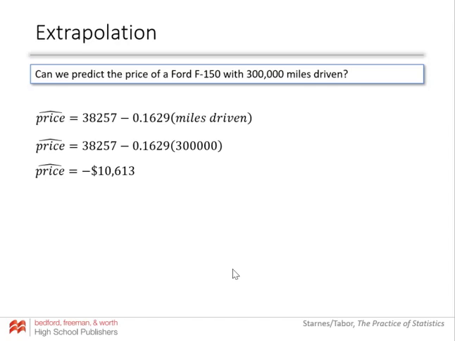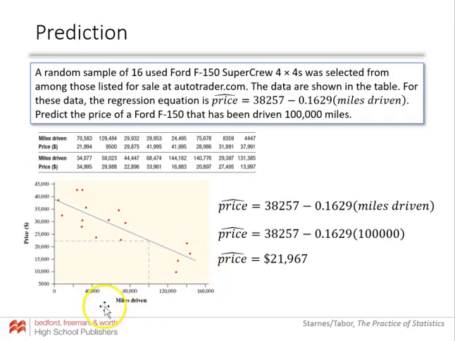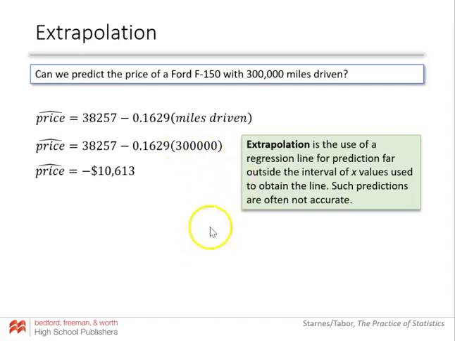What we just did here is something called extrapolation, and that is where we used an x value that was outside of the data that we used to make the prediction. If we go back and look at this scatter plot, we're looking at trucks very close to 0 miles driven all the way out to maybe 150,000 miles. That's the data that we used to create this line. Then we plugged in 300,000 miles, which is more than double the largest value in our data set.